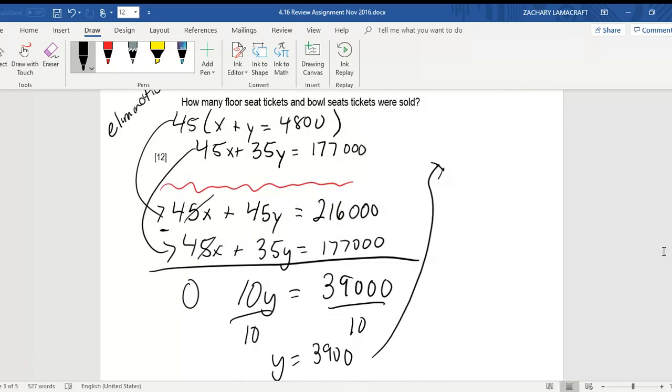So we know that x plus y equals 4,800. We know that y now is 3,900. We know that x is then equal to 4,800 minus 3,900, and that would then be 900. Okay?